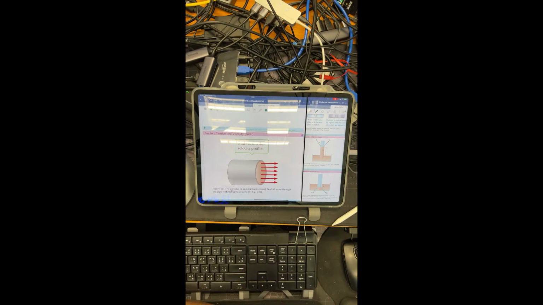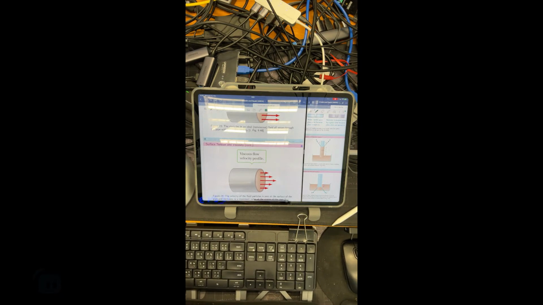The particles in an ideal fluid move through the pipe with the same velocity. You can see here the velocity profile. The amount of velocity is the same at different points across this surface or this area. In reality, there is a friction. As you know, there is a friction. First, there is a friction between the liquid and the solid material here.